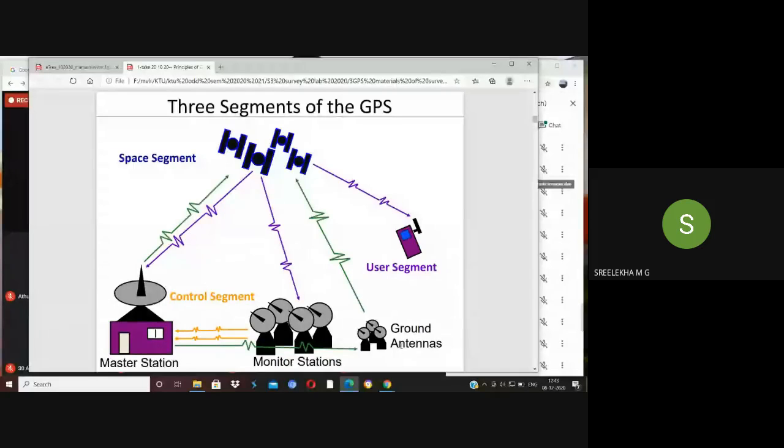Due to the interaction of those components, the radiation received from the object is collected and sent back to the receiver, and if any corrections are required, they will be made by the monitor stations or the master station. Each part of the control segment has particular functions. So mainly we know the 3 components are the space segment, the control segment, and the user segment.